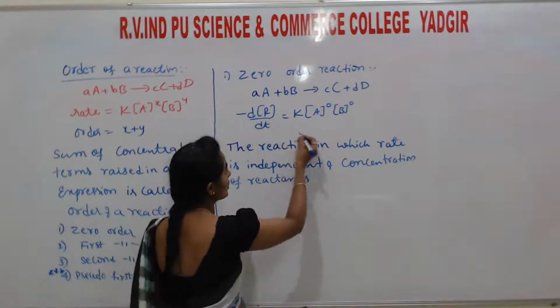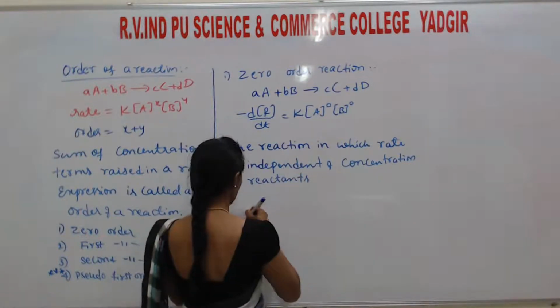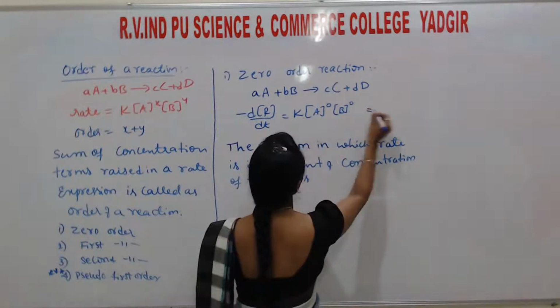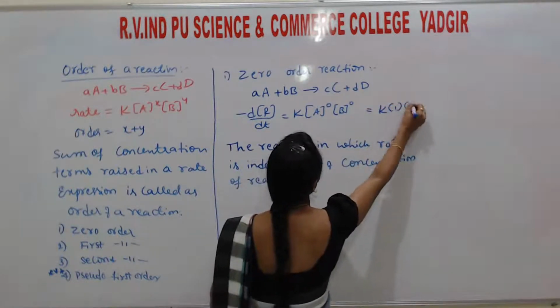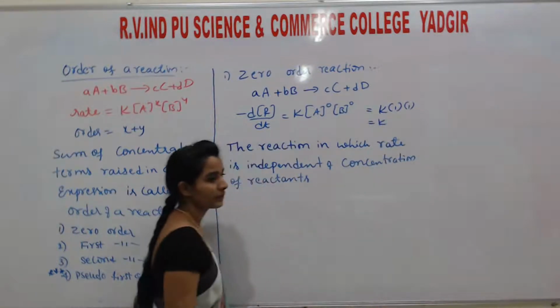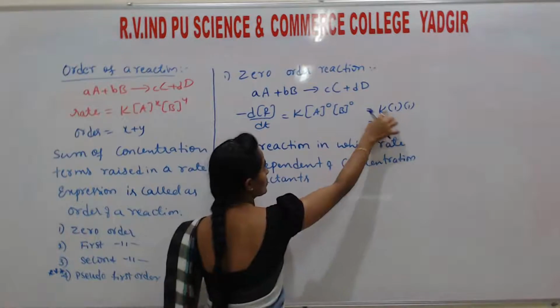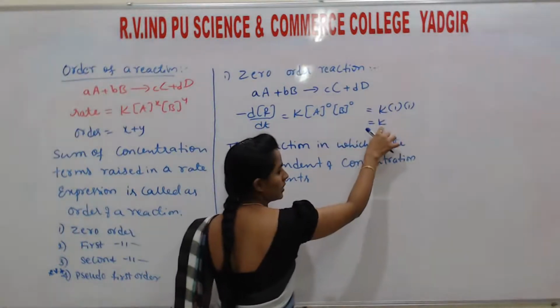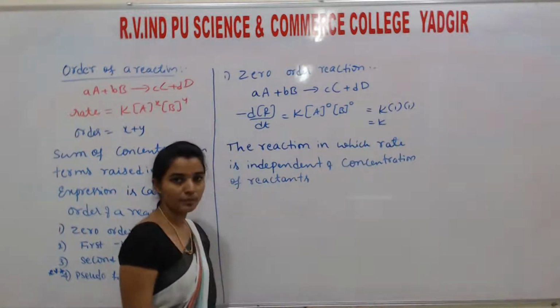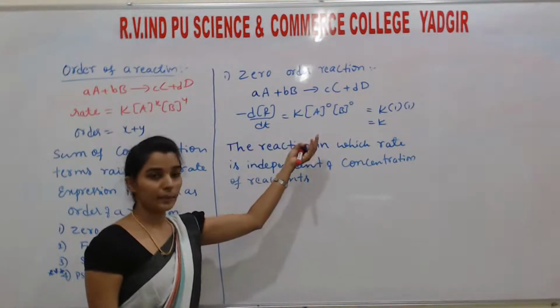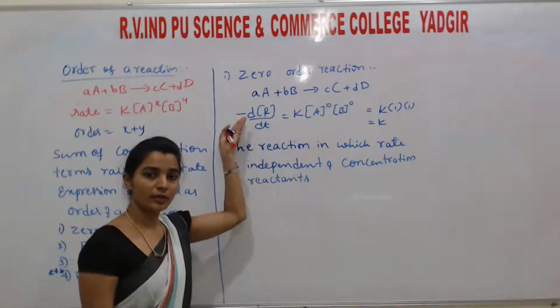So if you write this, what happens here, students? So this is equal to k into 1 into 1, that is equal to k. Correct? So minus dR by dt is k, anything to the power 0 is 1, 1 into k means k. So dR by dt is equal to k means it is completely independent of concentration of reactant.